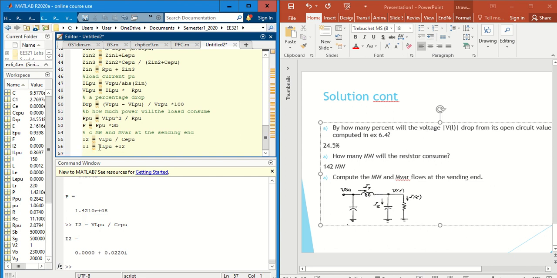We get our I1. Now V at the sending end, V0 per unit, is equal to VL per unit plus the inductor impedance per unit multiplied by the current that we have just found, I1. So we get our voltage in per unit form.